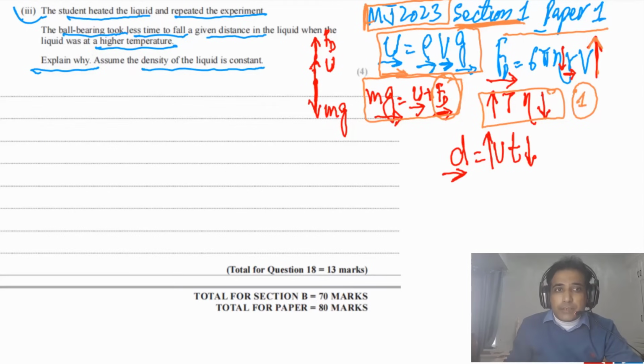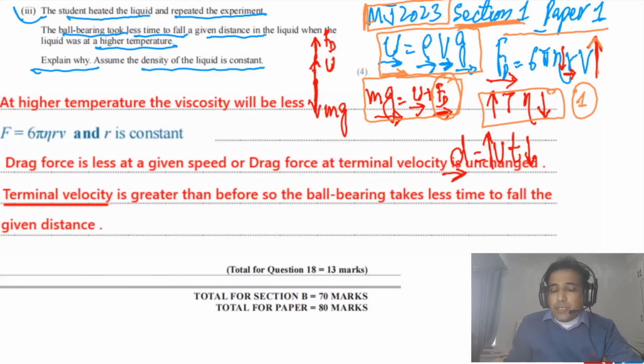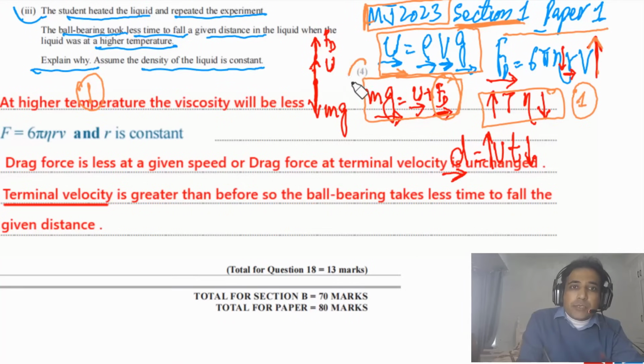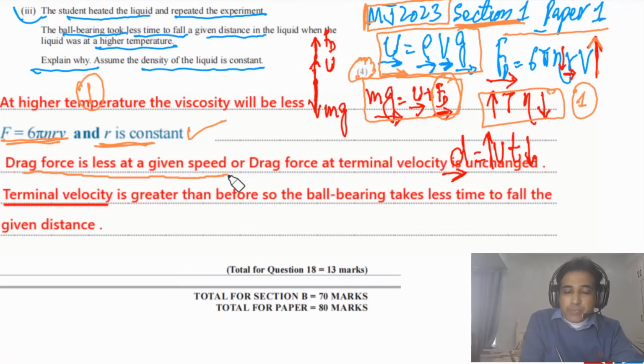Let me show you how you can write down your final answer. In your answer, you can mention these points. If you write one point, you will get 1 mark. This question has a total of 4 marks. This is the second point. You can say R is constant, F is equal to this. Drag force is less at a given speed.